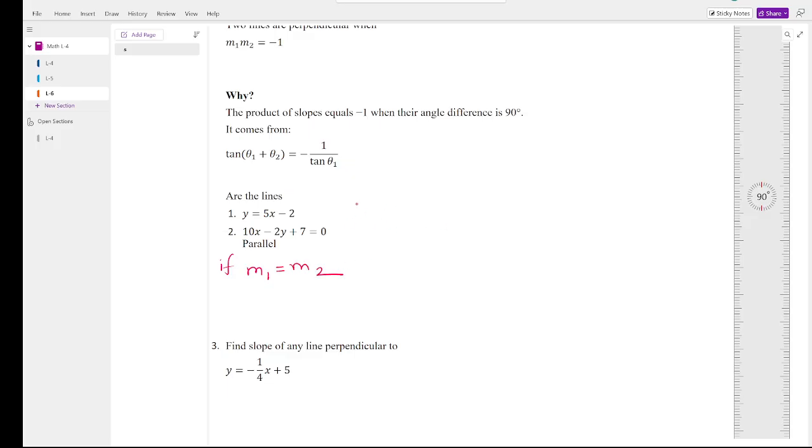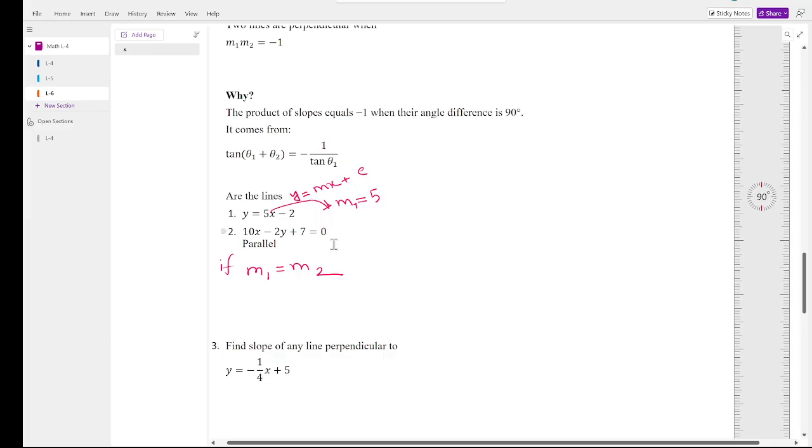So we can check here. The first equation is y equals 5x minus 2, so m1 equals 5, because we relate this to the equation y equals mx plus c. Look, y is alone on one side and other things on the other side. Now m1 equals 5. We need to find the second slope.